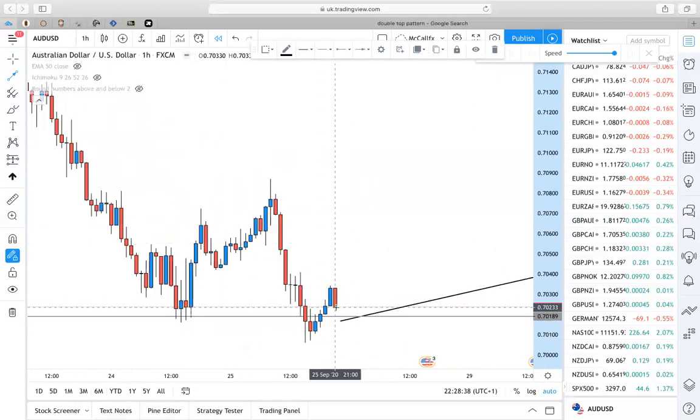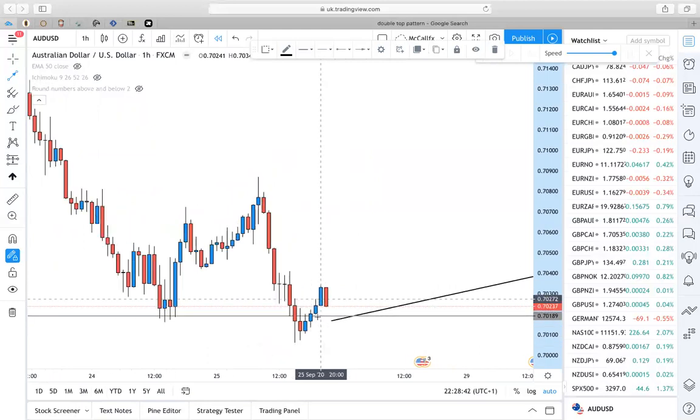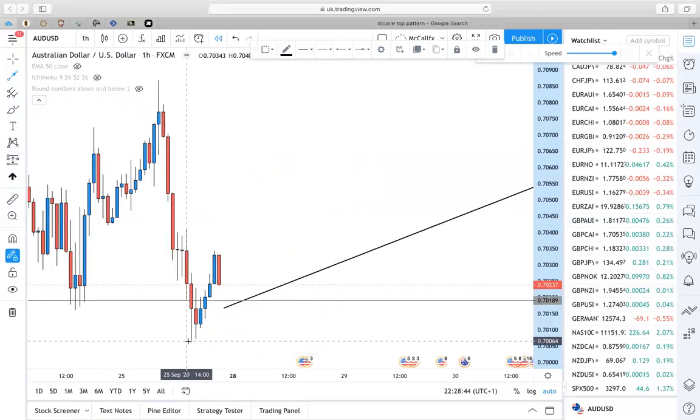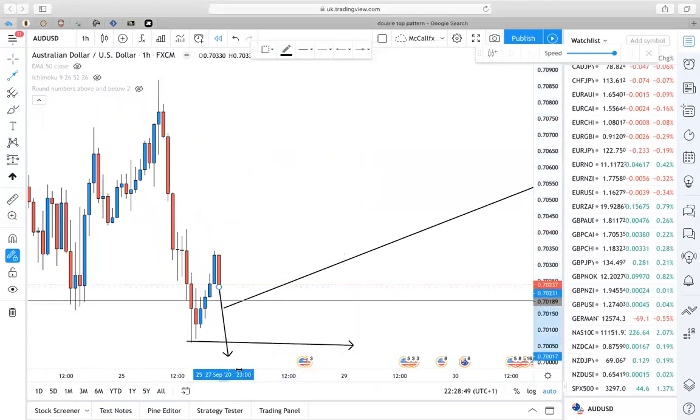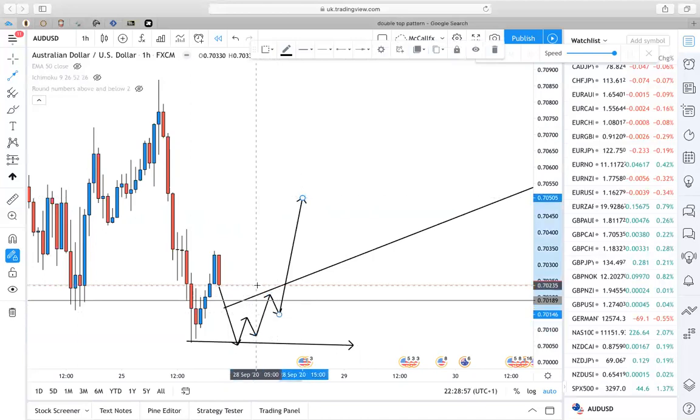So this is coming down. I'm not expecting this to break this. If this should break this last level that I have here, then I know for sure market is going to drop. But if this should hit this and does something like this, then what I'm seeing is market is changing in direction.